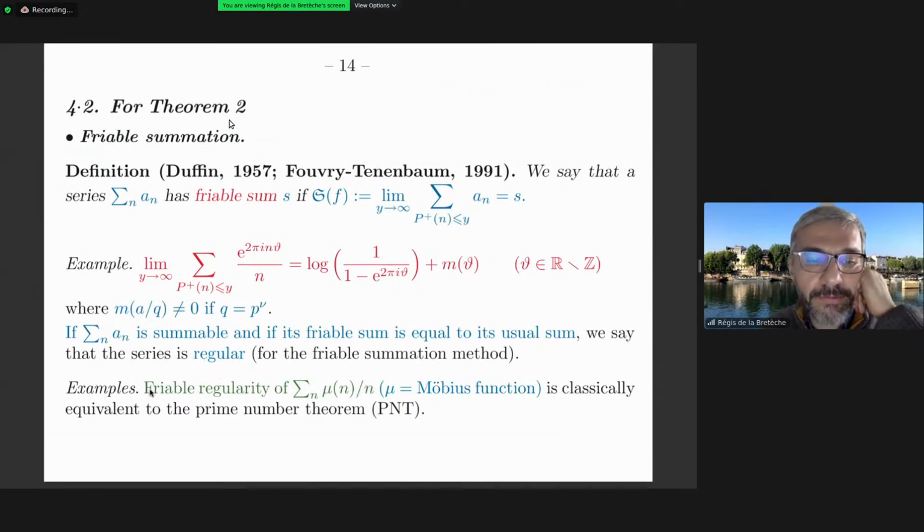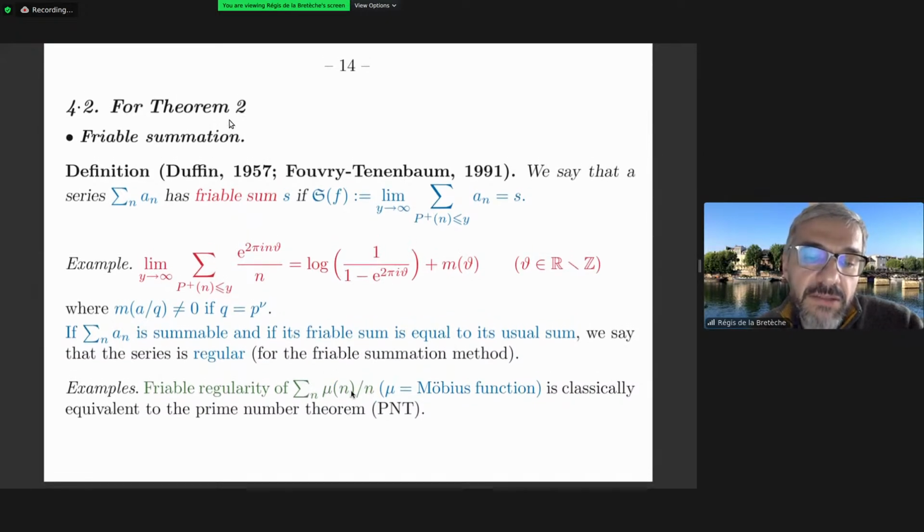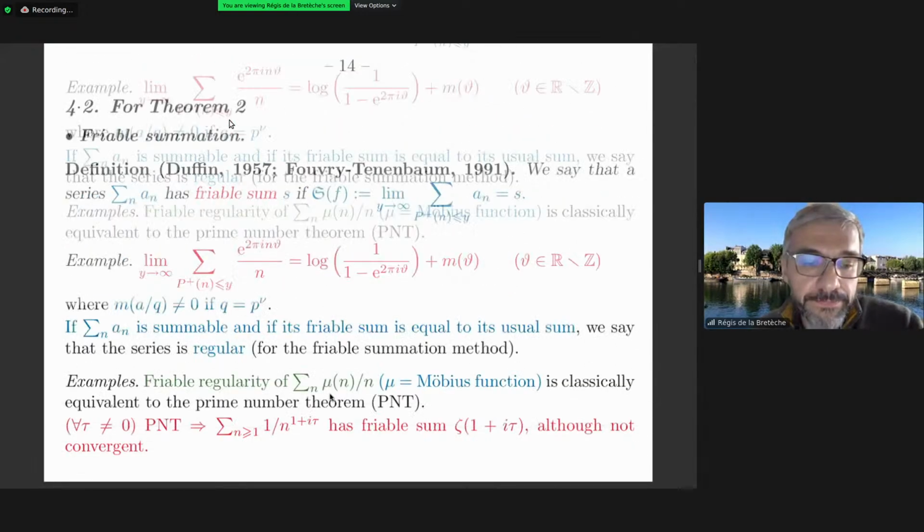So, for example, the sum of the Mobius function over n is classically equivalent to the prime number theorem. It's very easy to handle the variable sum, of course.